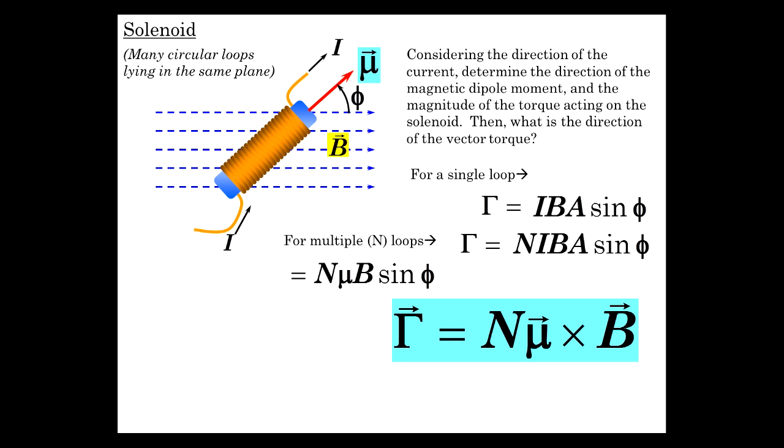And as far as direction is concerned, since the magnetic dipole is twisting into alignment with the magnetic field, you can use your right hand rule and wrap your fingers in the direction of that motion. Your thumb will point in the direction of the torque, which is into the screen. So I could put an X here. In. That's the direction of the torque.